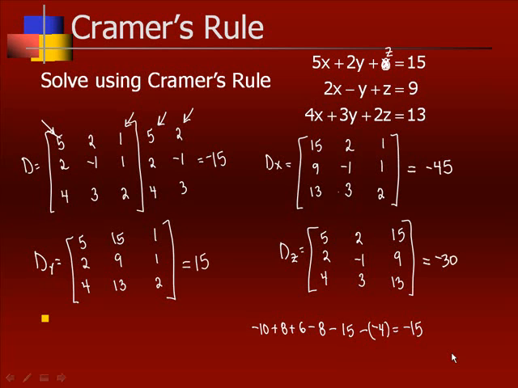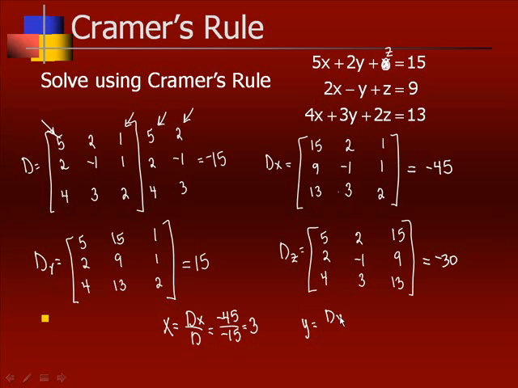Now, doing Dx, Dy, and Dz the same way, I got Dx is negative 45, Dy is 15, and Dz is negative 30. Okay, so once we find those values, x is Dx over D, which would be negative 45 divided by negative 15, so x is 3.